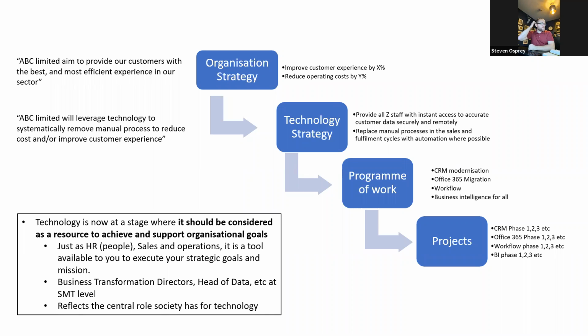And this note here is just a bit of a takeaway that I tend to leave senior decision makers, and this is, we're now getting into the whole winning sponsorship around the exec table. We believe, and we've seen, that technology is now at a stage where it should really be considered as a resource to achieve and support organisational goals.